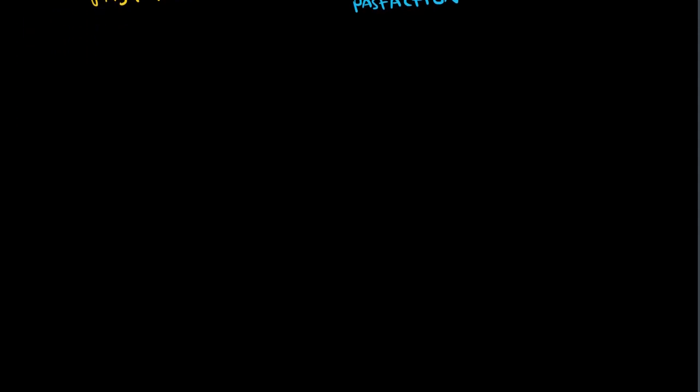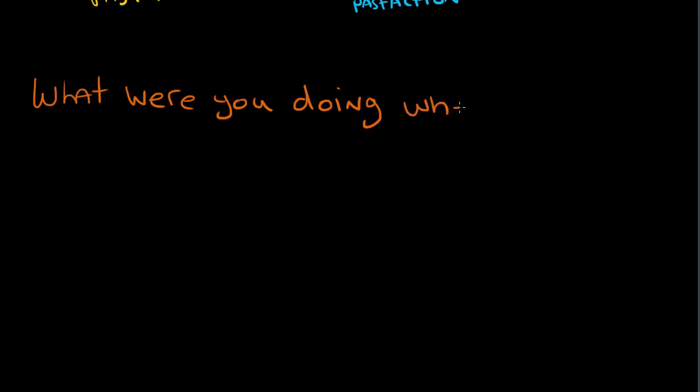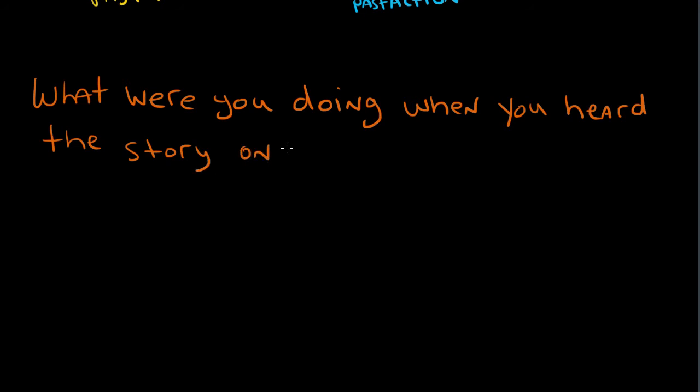Let's look at another example of the past continuous. So we can say, for example, we can ask this question: what were you doing when you heard the story on the radio?